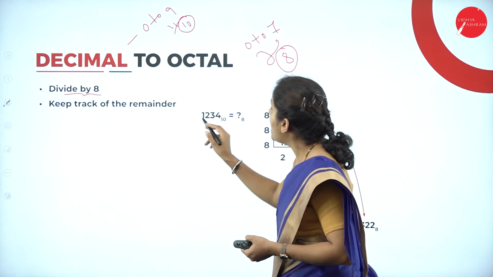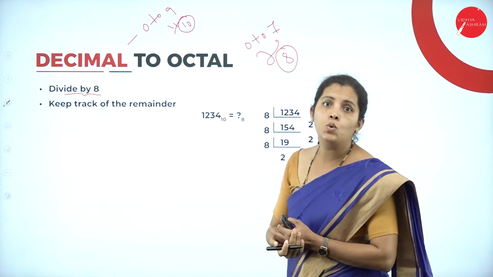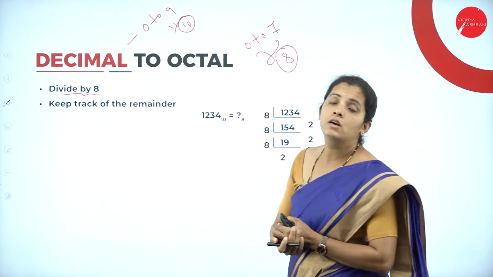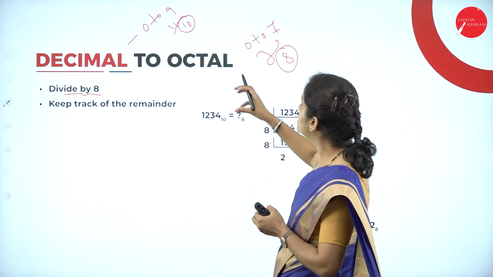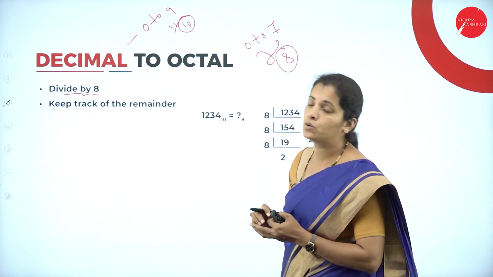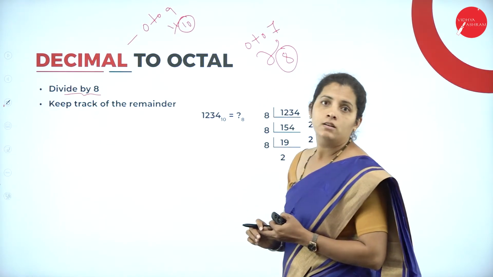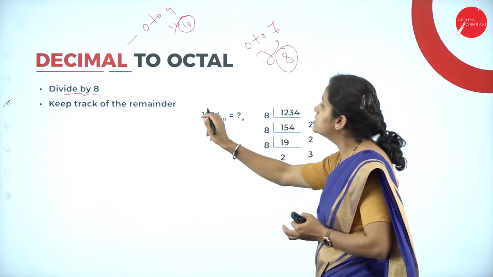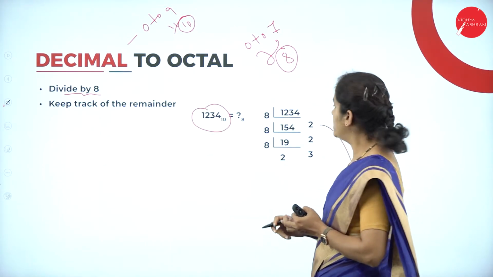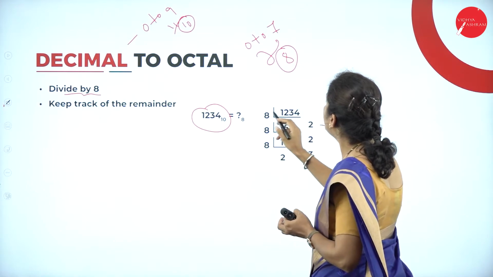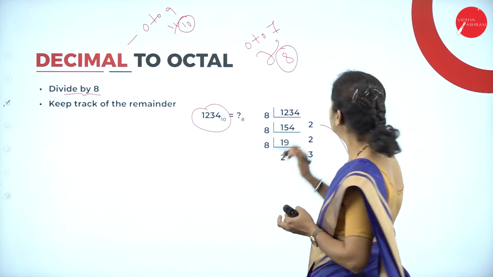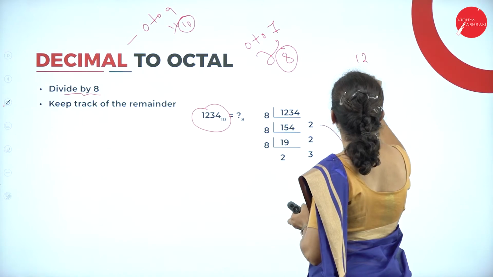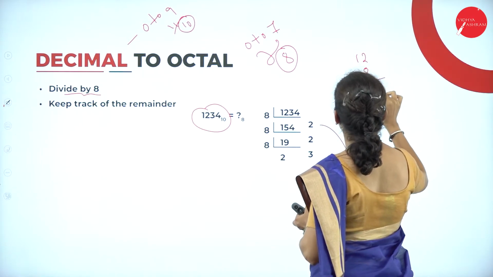Here now I have the decimal value 1234. Now I am going to convert this 1234 to an octal number. So I'm going to divide this value by 8. Here 8 ones are 8. 12 minus 8, it is 4.